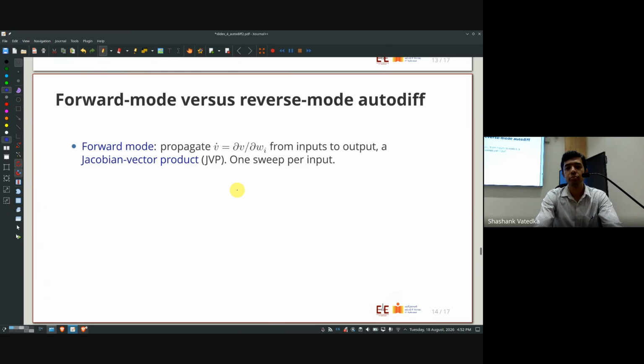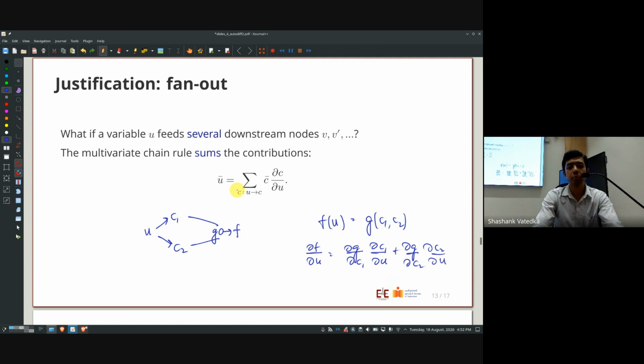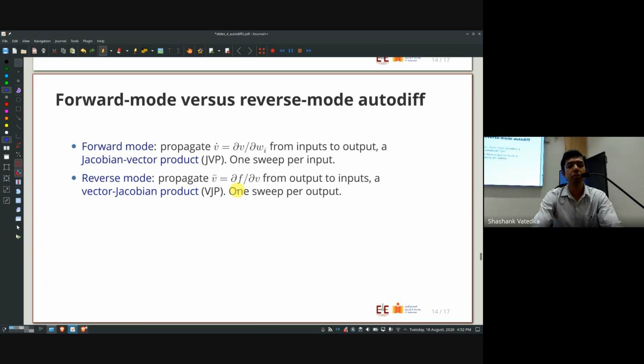One other thing to keep in mind is that I call this reverse mode automatic differentiation. There's also a notion of a forward mode automatic differentiation. Remember that whenever we were doing backpropagation, we had this computation graph.